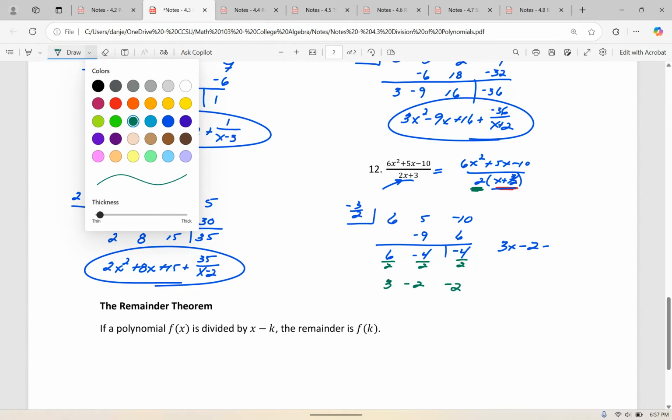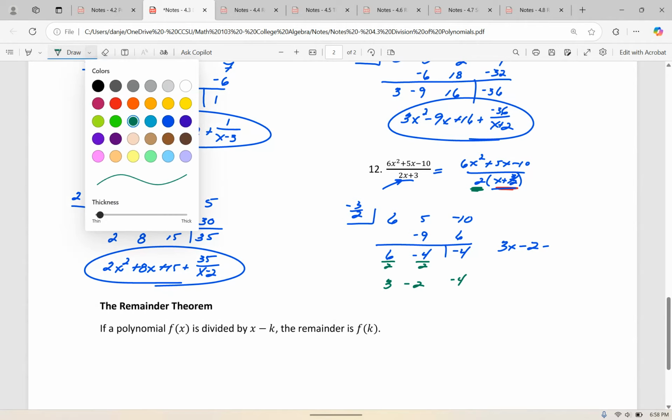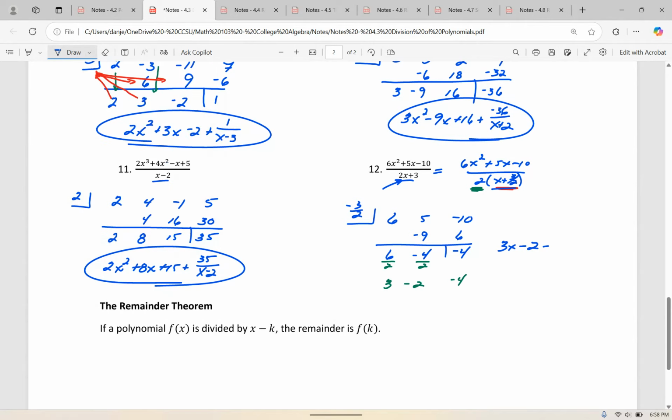Back up. I did not need to divide this by the 2, so I'm going to leave that negative 4, because I have this got divided by the 2, so that's 3x minus 2. I still have the negative 4 that needs to be divided by both the 2 and the x plus 3 halves. So quotient and remainder.